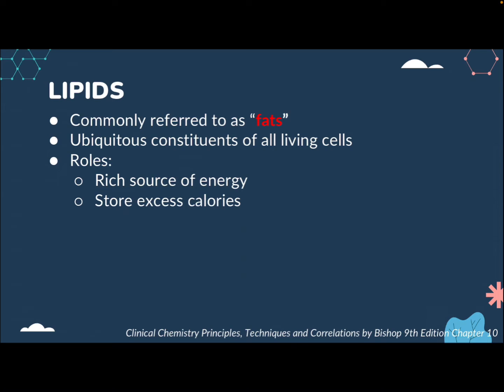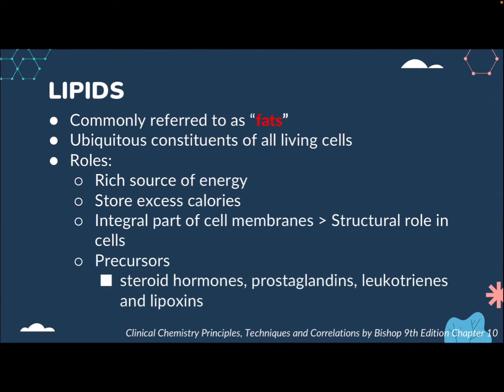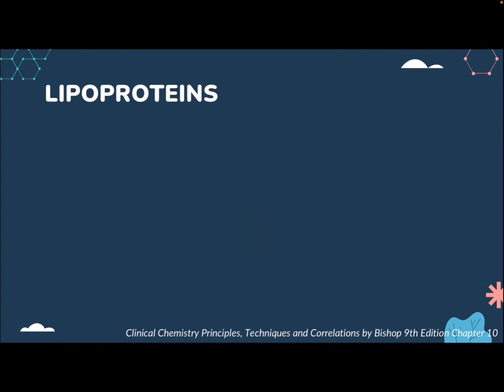Because of their unique physical properties, lipids are also an integral part of cell membranes and therefore also play an important structural role in cells. Lipids are also precursors for the steroid hormones, prostaglandins, leukotrienes, and lipoxins.